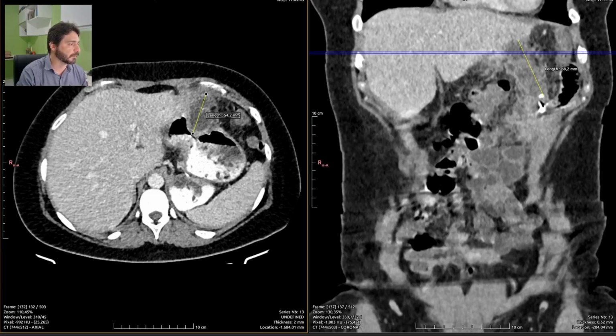This is quite common, and if this gets bigger, it's usually drained surgically, and if it gets smaller, it's usually left on its own until it turns into scar tissue and it's done.